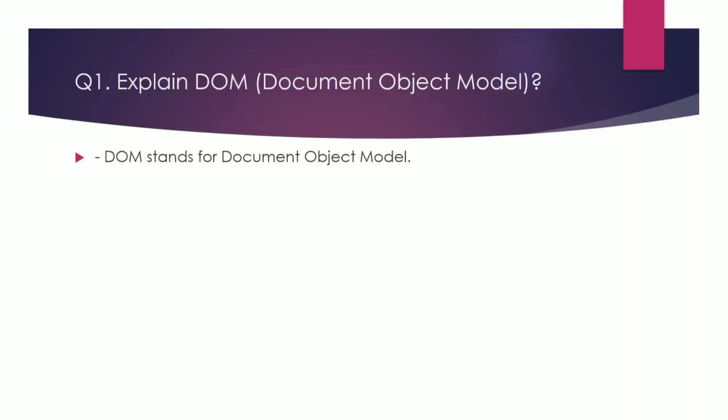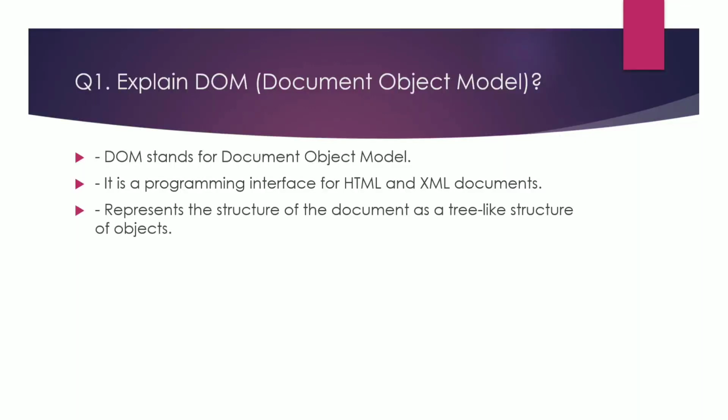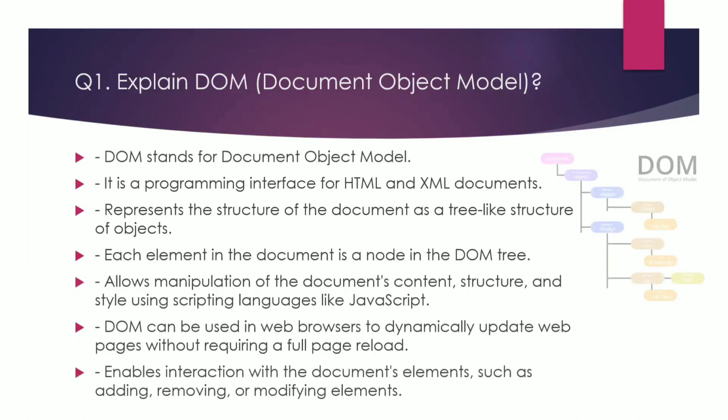DOM stands for document object model, as stated above. It is a programming interface for HTML and XML documents. You can assume it is a structure in which you can access every element of your document. Let me show you by a picture. In the image on the right, you can see there are many elements present in my HTML, like head, body, title, h1, and anchor tag.